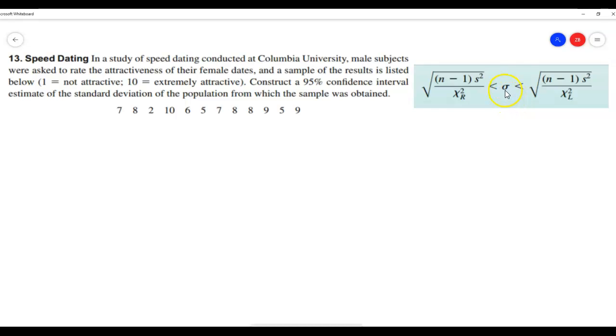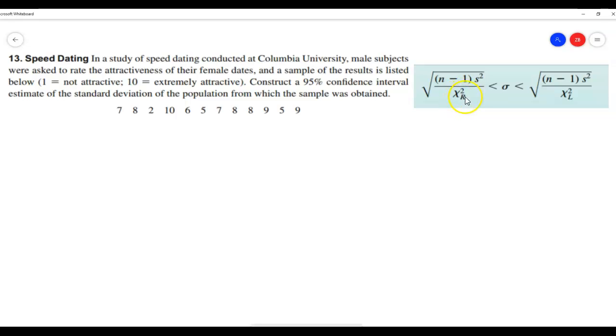So what this is, that's the sigma symbol, which stands for the population standard deviation. So we want the population standard deviation to be between this value here and this value right here. So let's go over what this notation means, and we'll go about how we find it.